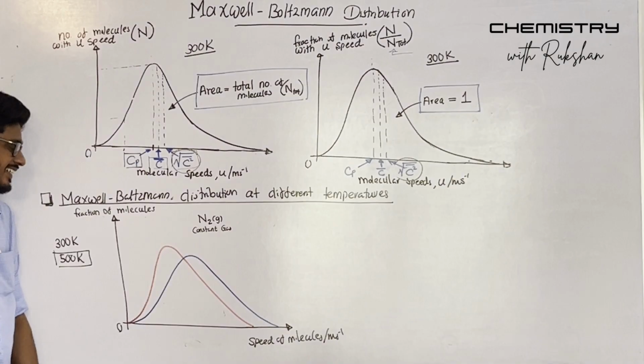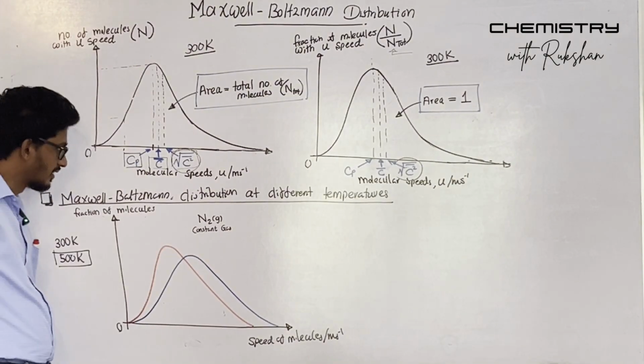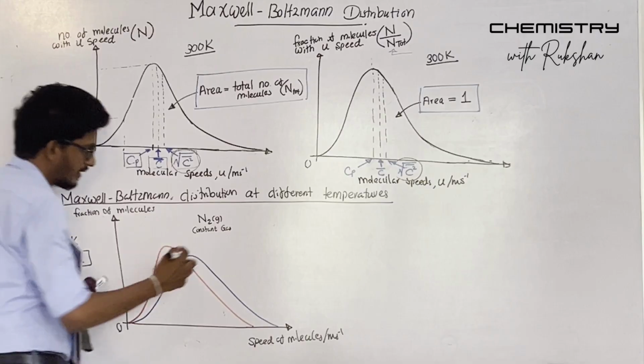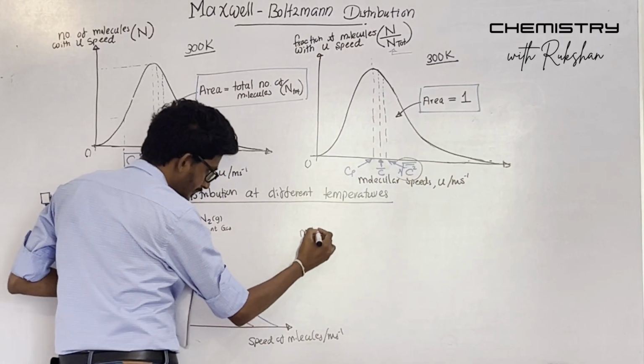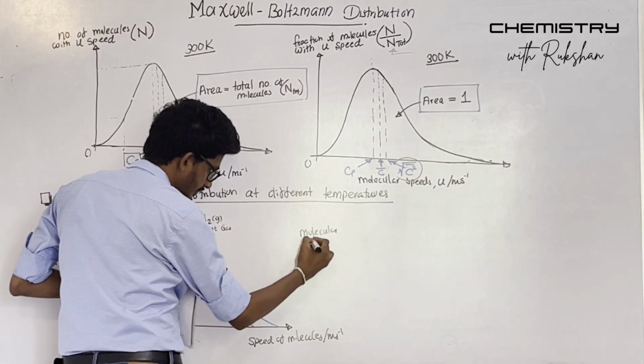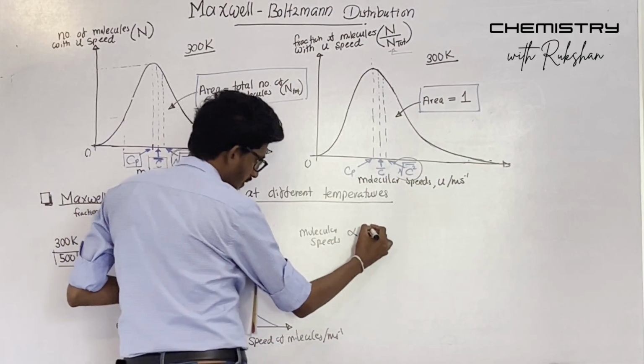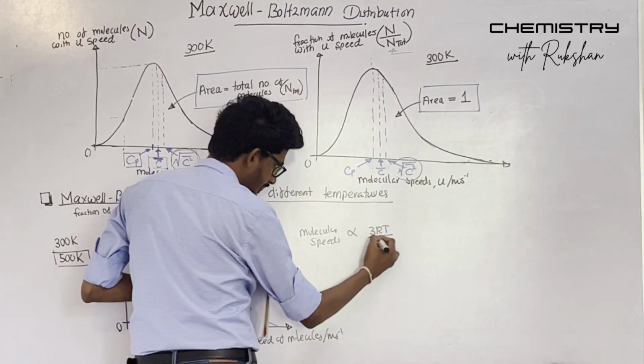So anyway, let's discuss this. I earlier said the molecular speeds are proportional to the square root of 3RT over m.